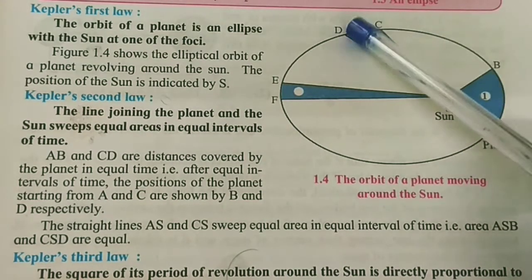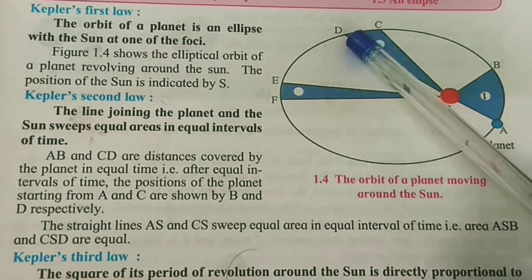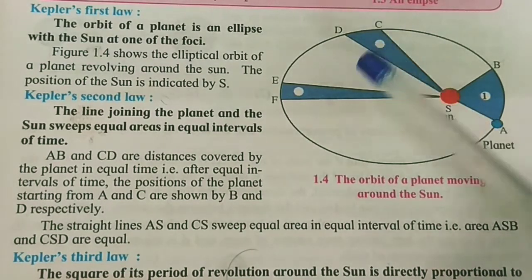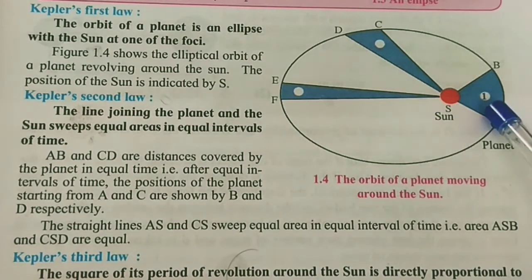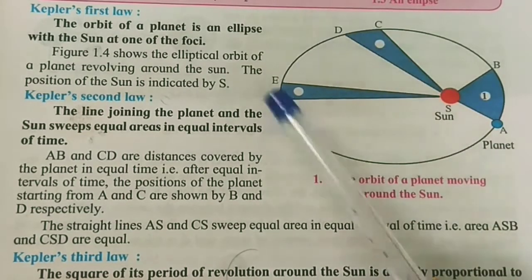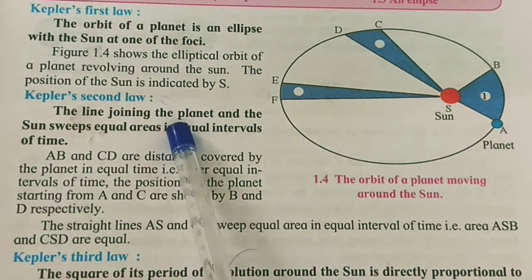This is also some interval of time. This is also some interval of time. If you see this area in the first figure, this is equal to the area included by this shape, and this area. All three areas are equal, but the time intervals should be equal. Whatever time we take, this time and this time will be equal.